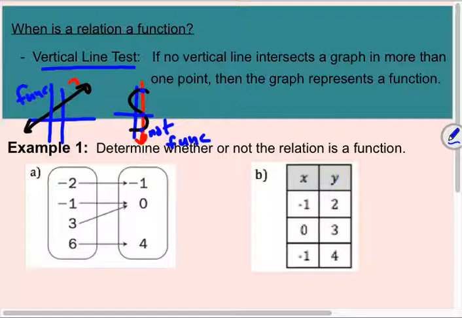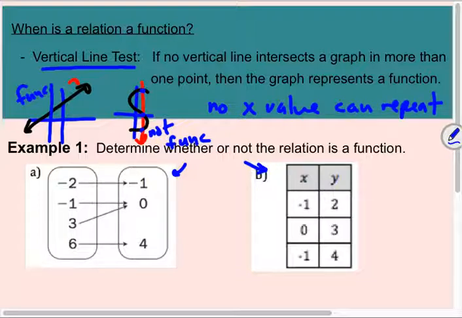Okay? Also, like we don't see a graph here or here. So how do I know if these are functions or not? They're relations. I can see their ordered pairs. But the main thing is this. No x value can repeat.